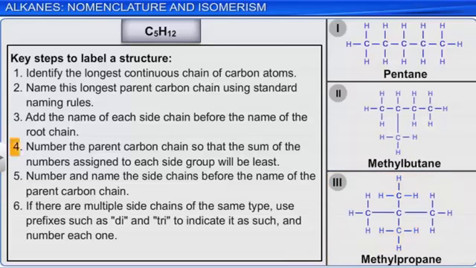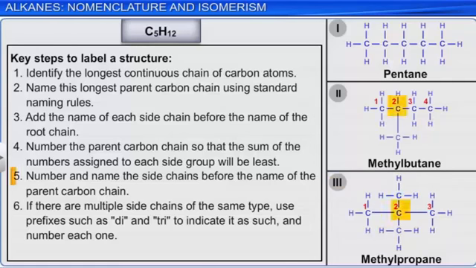Now, number the parent carbon chains so that the sum of the numbers assigned to each side group will be least. In structure 2, the carbon atoms are numbered 1 to 4 with the substituent alkyl group at carbon atom number 2. In structure 3, the carbon atoms are numbered 1 to 3 with both the substituent alkyl groups attached to carbon atom number 2.